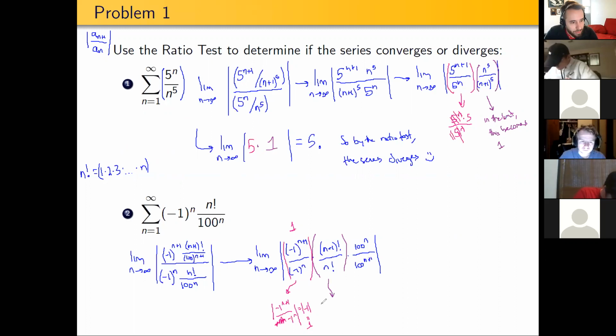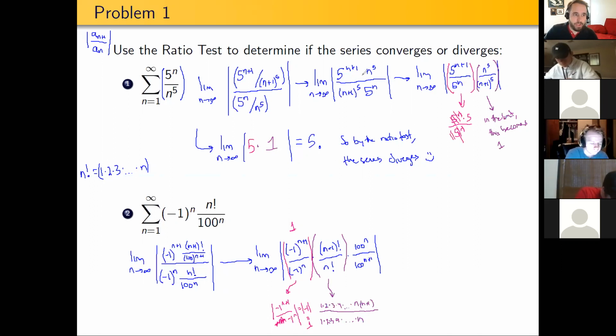So n plus 1 factorial, that's 1 times 2 times 3 times 4 times ... all the way up to n plus 1, so I'm going to write times n plus 1. At the same time, the n factorial in the denominator is just 1 times 2 times 3 times 4 times ... all the way up to times n.